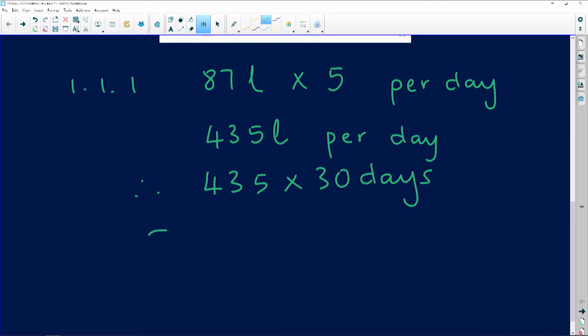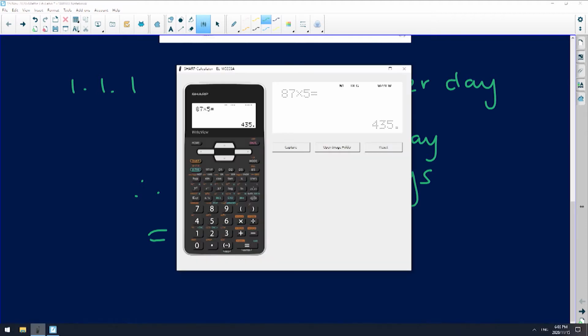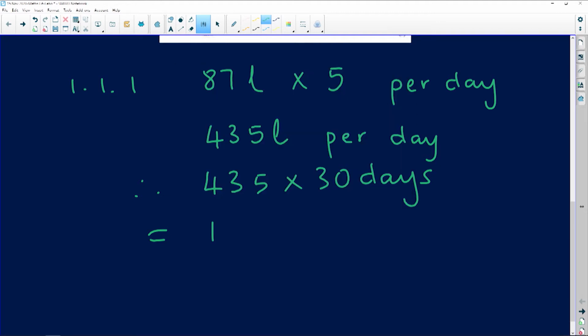And that is going to give us 13,050 liters, okay, per month. But this is from the municipality. That's number 1. I'm going to call that A, and then B is going to be from the water tanks.